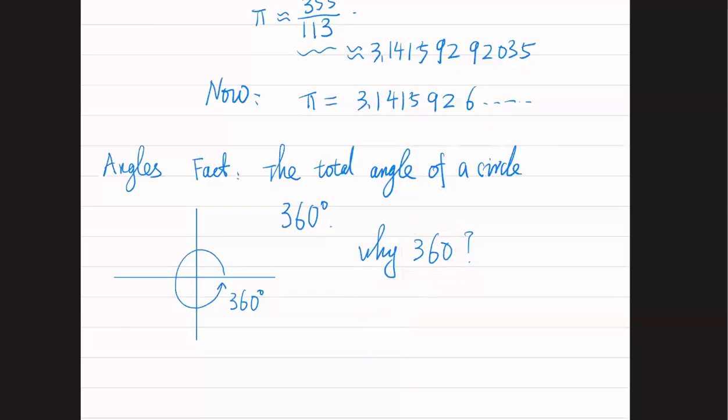Okay, again, this is the history of mathematics. In the old times, it was even difficult to count how many days in one year because different places of the world have different calendars. At that time, people knew it's approximately 360 days a year.